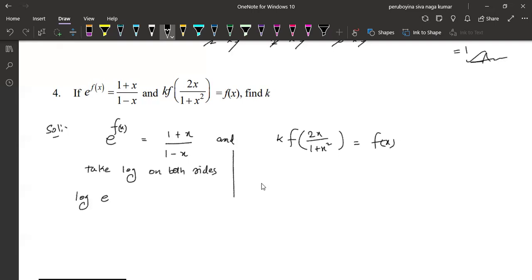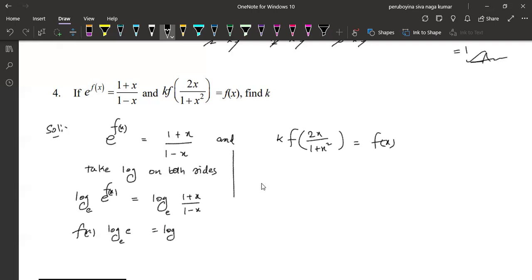So log e power f of x is equal to log of 1 plus x by 1 minus x. We know the power becomes a multiplier. So f of x into log e base c.